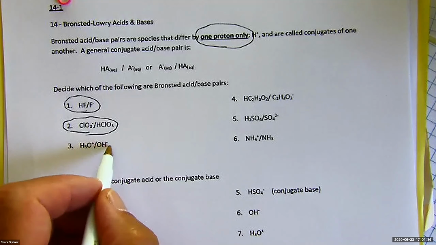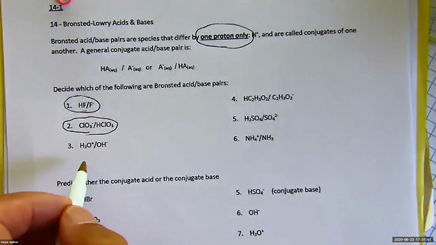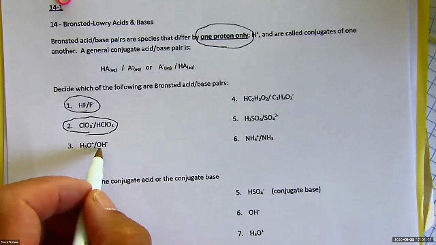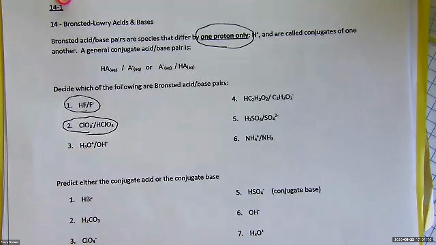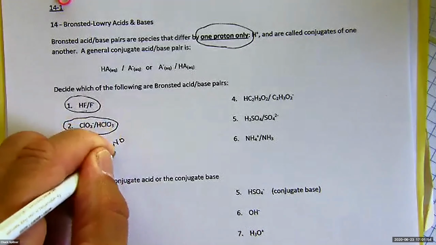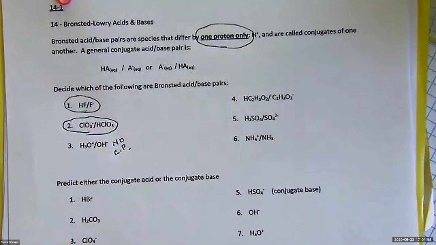If we gained a hydrogen, it would be H2O. But neither of those are present here. So you can also look at H3O plus. If we lose an H plus, we get H2O. That's not there either. So this is not a conjugate pair. I'll put a CP for a conjugate pair.